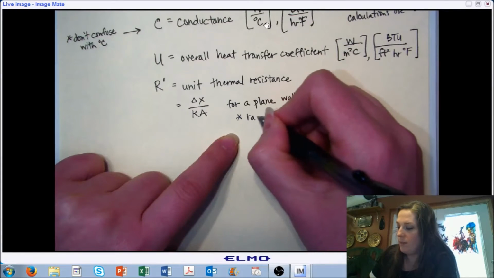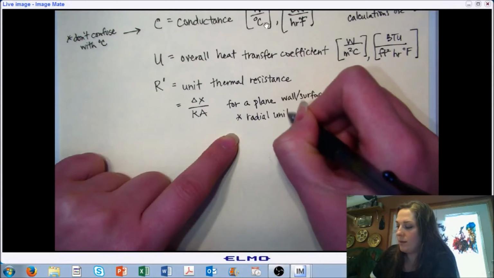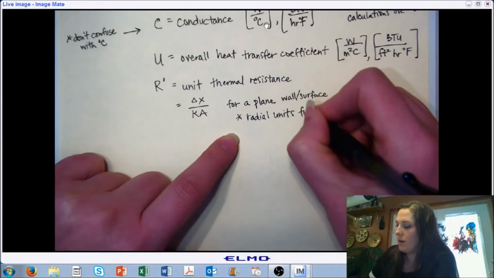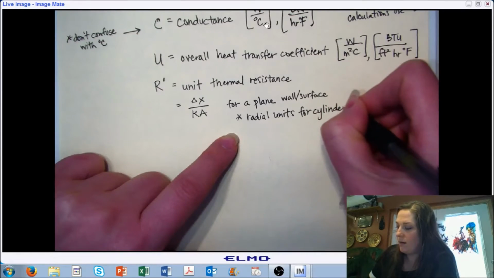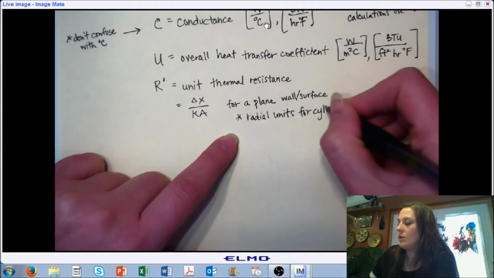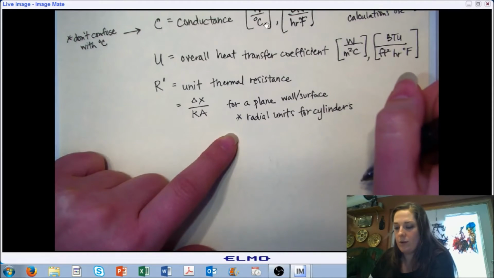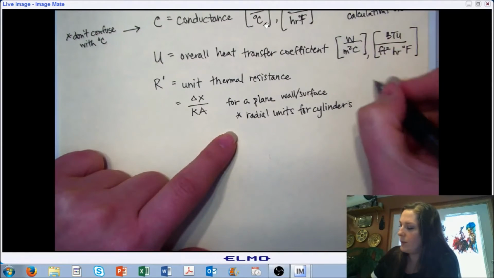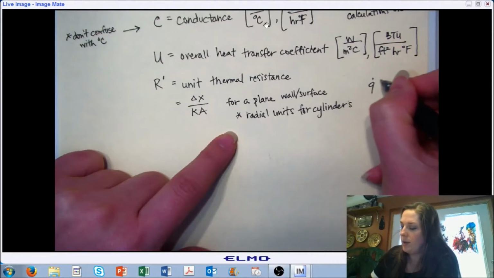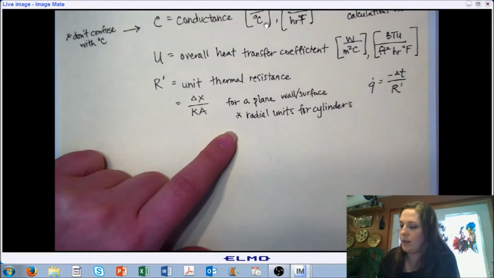Or more commonly when we're looking in radial units for things like cylinders. And in HVAC, many of our ducts are cylindrical in shape, so we do run into heat transfer through cylinders. So we need to be aware of the use of unit thermal resistance. And if we want to put that into a heat transfer equation, it looks something like this.